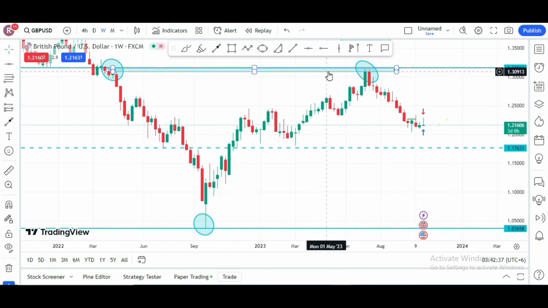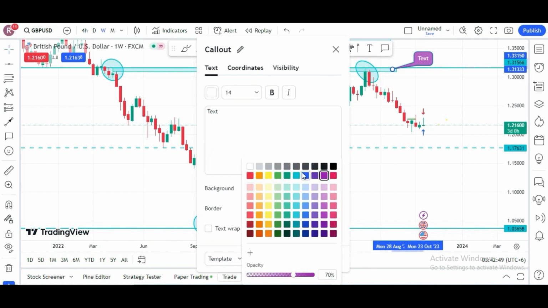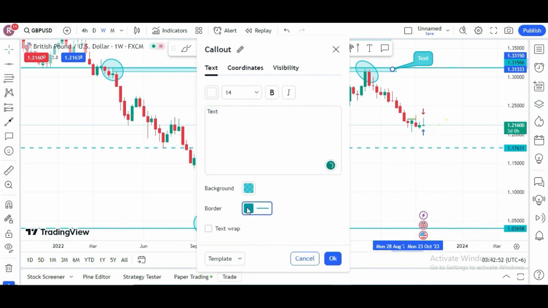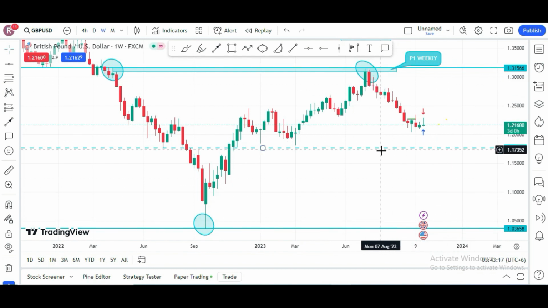So we can consider this as pattern 1, P1 weekly, so it is done here. It has not reached half yet.